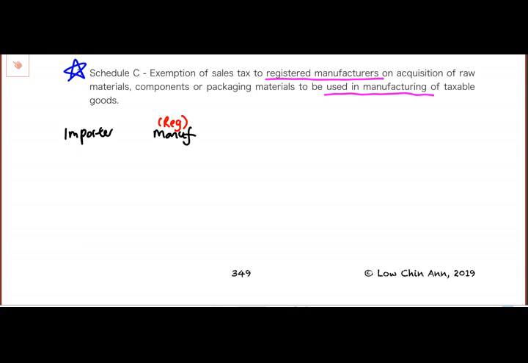It doesn't work that way. So the importer, when they buy things, they are already subject to sales tax. So imagine the importer has sales tax on the things.